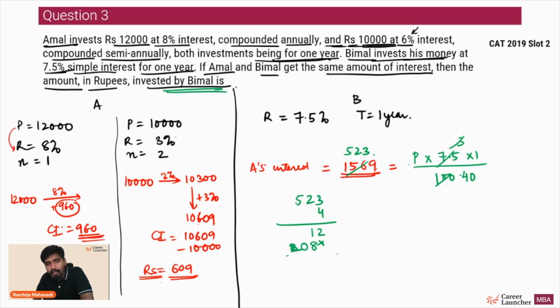So what you have is 20,920. 20,920 is the total amount that this gentleman has invested.